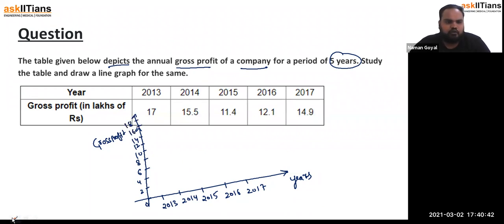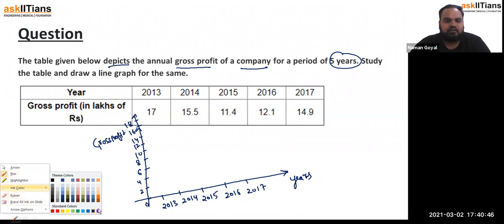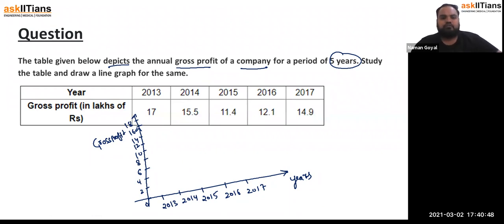First of all, we have to mark the markers. Markers are points. For 2013 it is 17, so we have this point. For 2014, it is 15.5, like this.